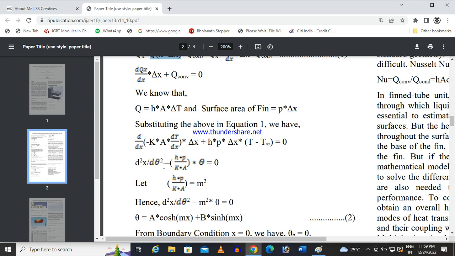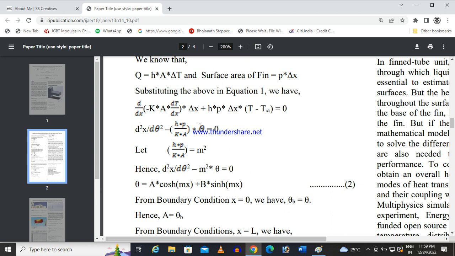By putting all these things in and simplifying, where T minus T infinity is theta, it comes out as d square theta by dx square minus hP by kA into theta is equal to 0.